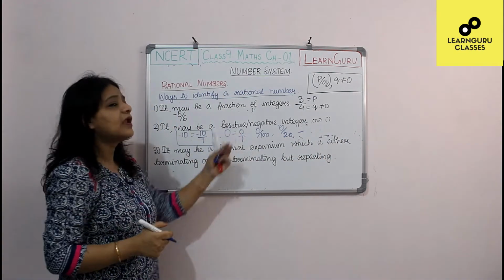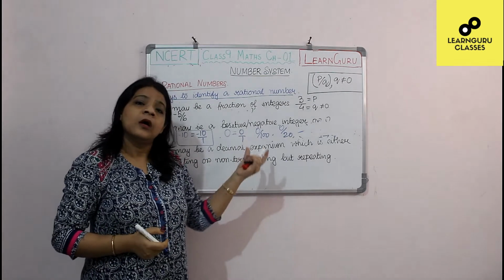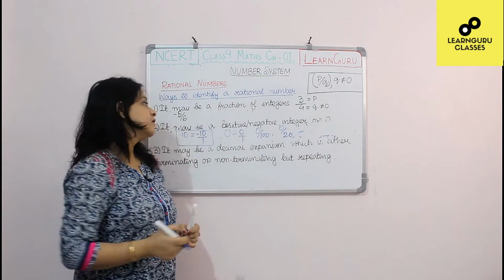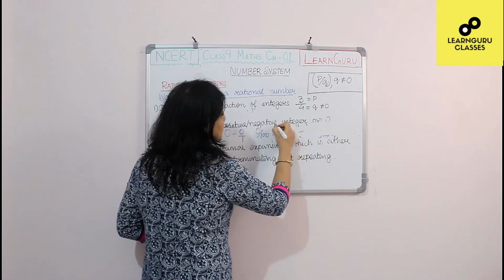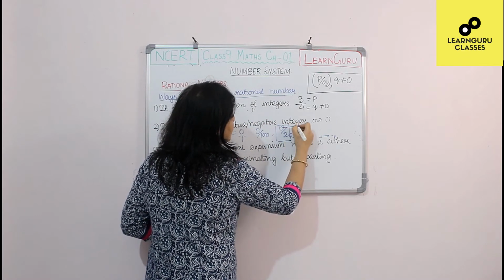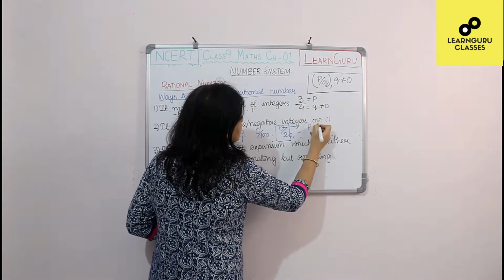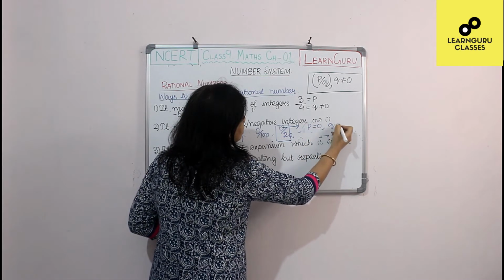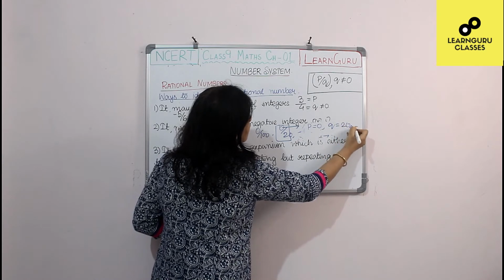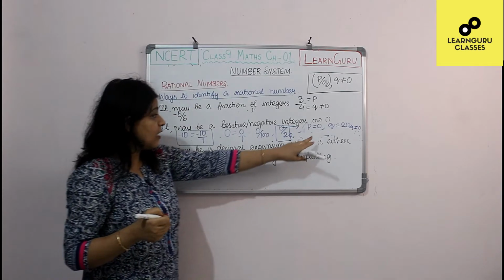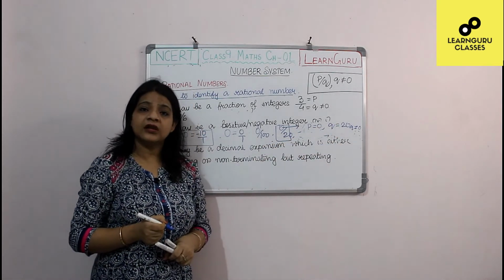Any 0 divided by a number only gives 0 itself, isn't it? So from this expression, can I write p equal to 0, and q equal to 20? Q is not equal to 0. So is it satisfying the definition of a rational number?